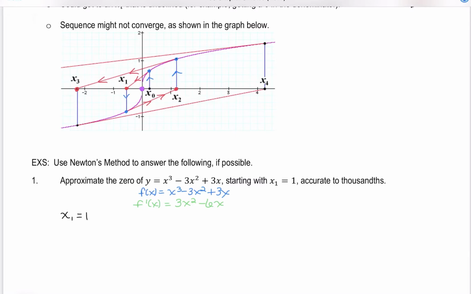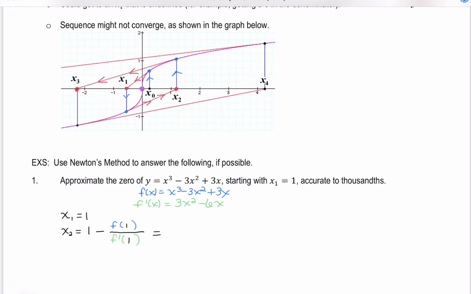So x sub 2 is always the previous guess, minus f of that previous guess, divided by f prime of that previous guess, so f of 1 divided by f prime of 1.